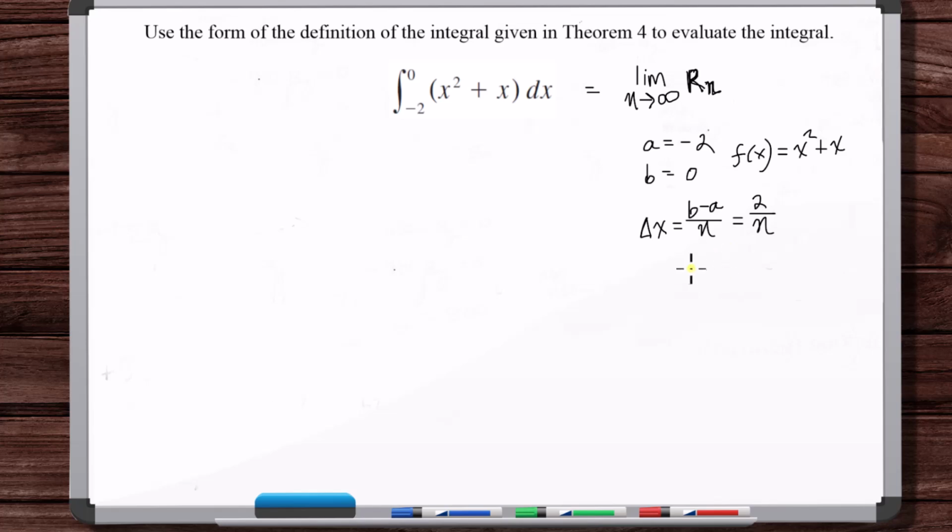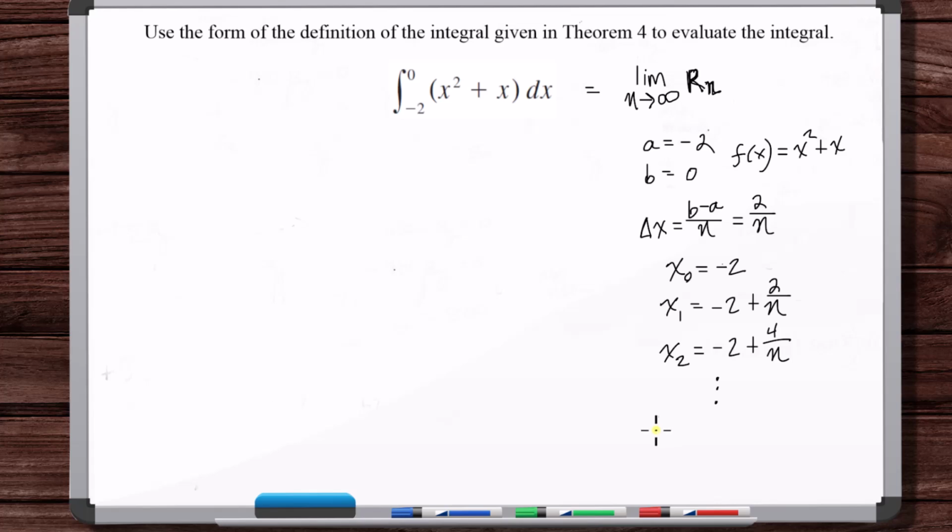Now, the endpoints of the intervals are defined this way. This is general for any method, left, right, midpoint, whatever. x sub 0 is equal to a. x sub 1 is a plus delta x, so that would be -2 plus delta x. x sub 2 is a plus 2 times delta x, so -2 plus 4 divided by n.